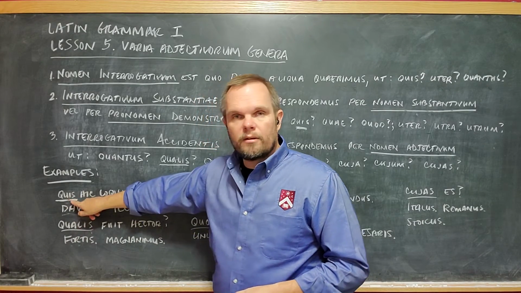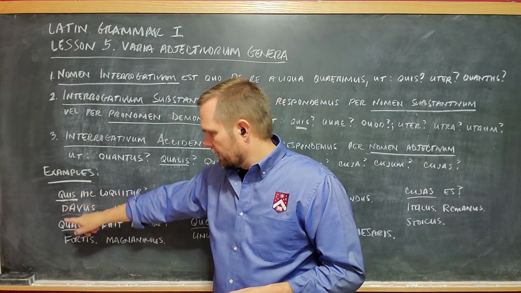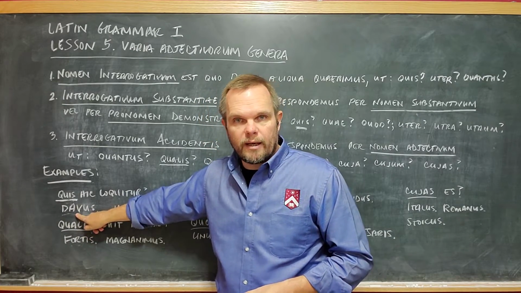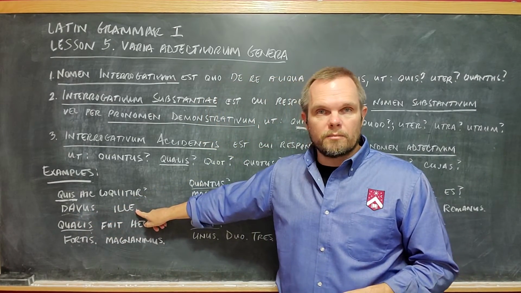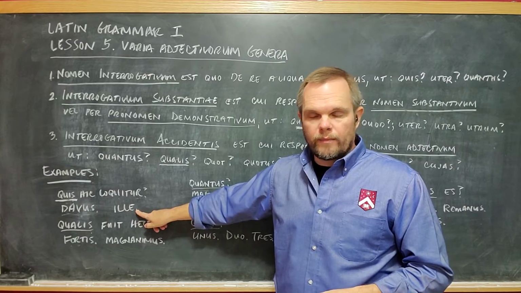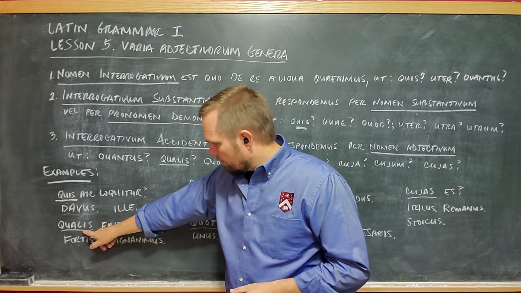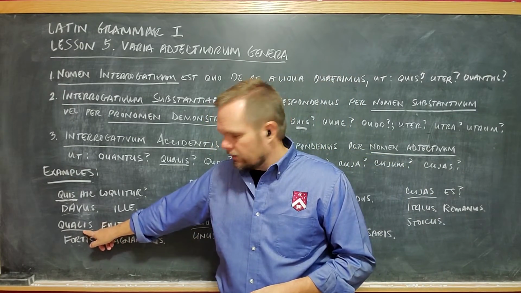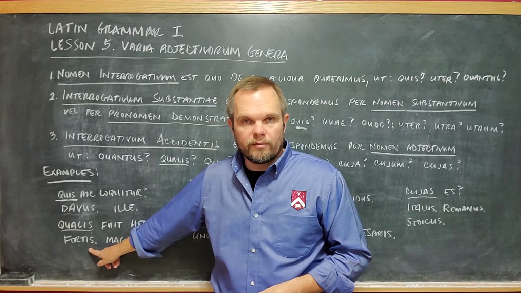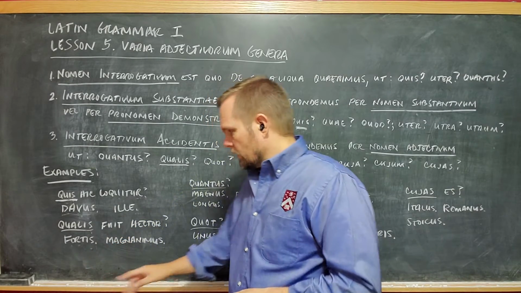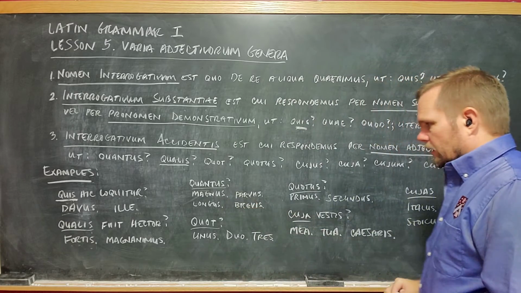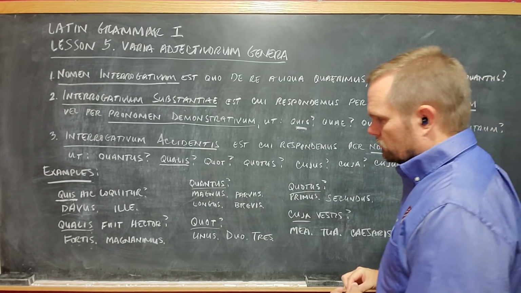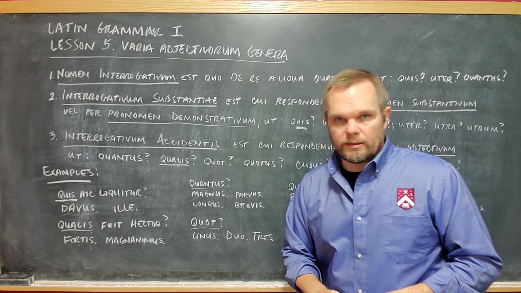The interrogative noun of substance is answered with a substantive noun or with a demonstrative pronoun. An interrogative noun of accident is answered with an adjective noun. Okay? That's our first example of an interrogative noun of accident.